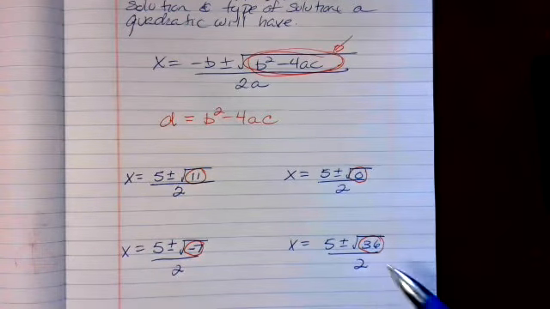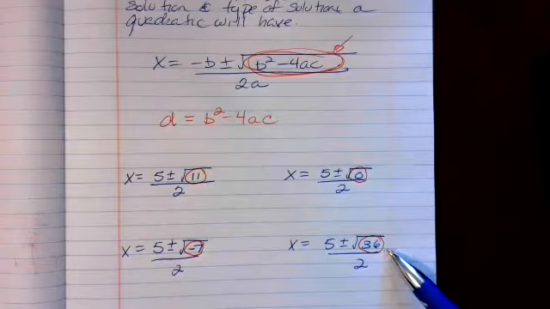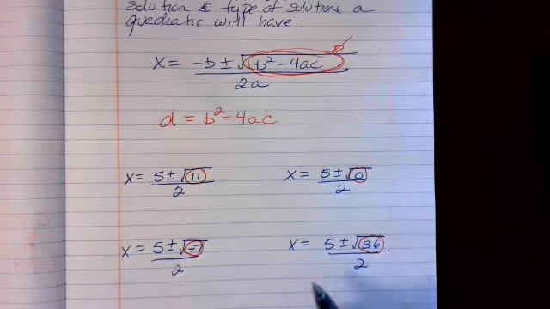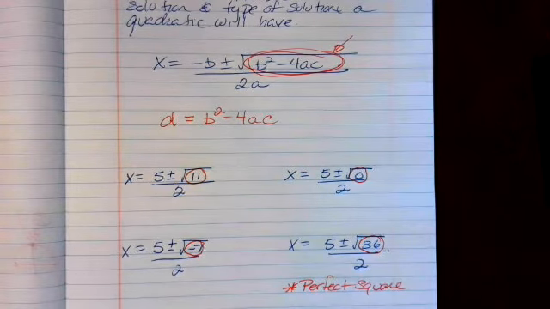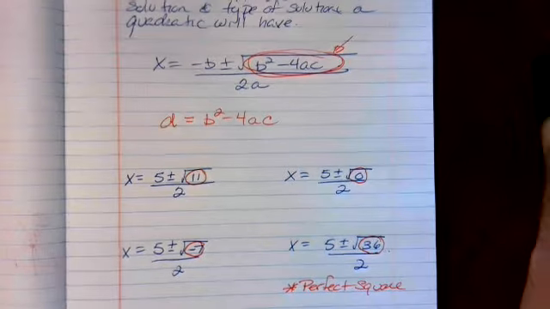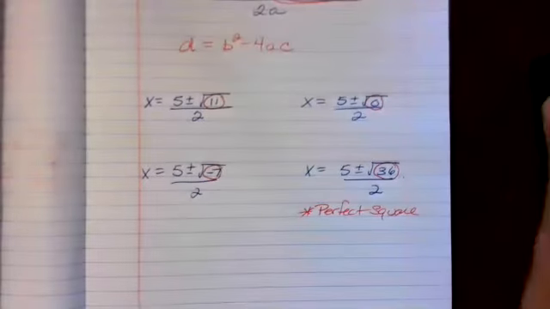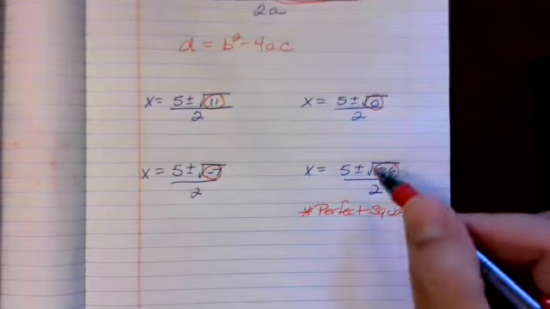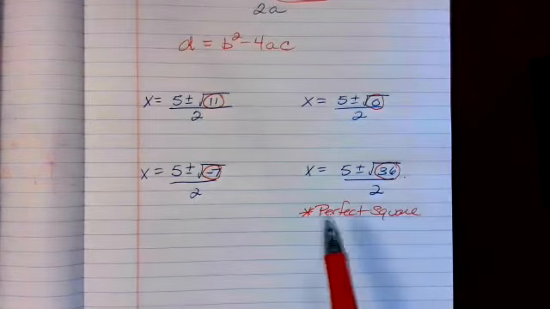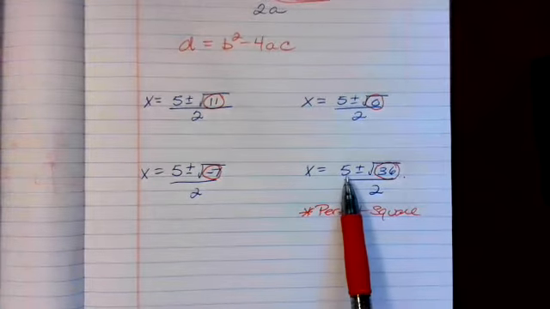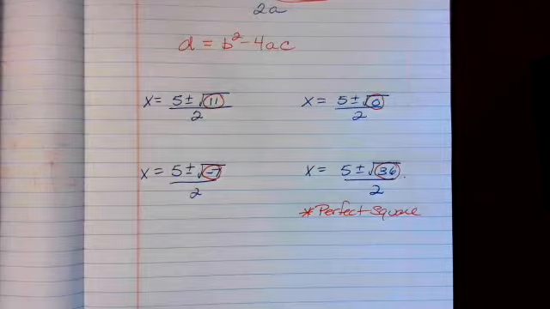Let's look at this one first. This is a perfect square. 36 is a perfect square. And when I have a perfect square underneath my radical, I lose the radical. So this was really going to become 5 plus or minus 6 over 2.